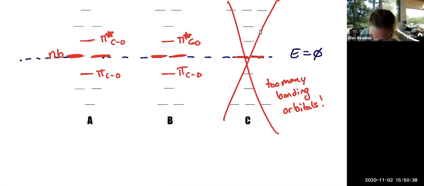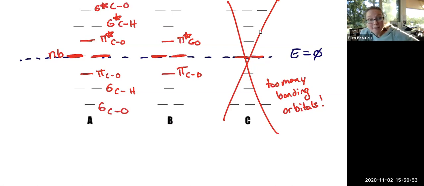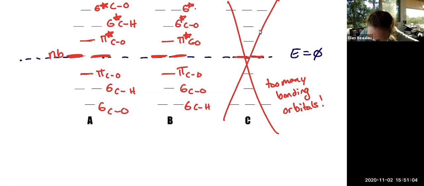So I would have accepted the labels of sigma CH, sigma star CH, and sigma CO, sigma star CO, just as easily as I would have accepted sigma CH, sigma CO, sigma star CO, sigma star CH. Both of those were accepted for full credit.